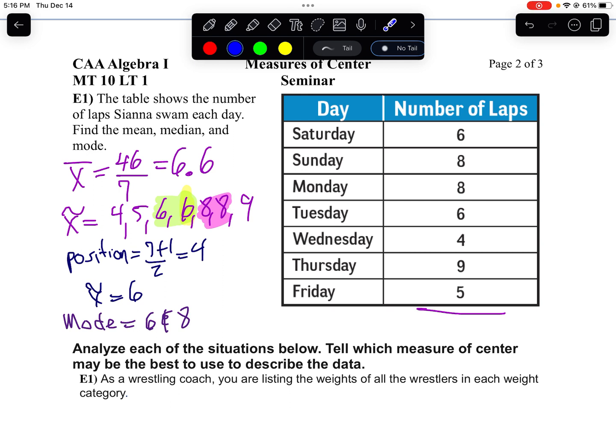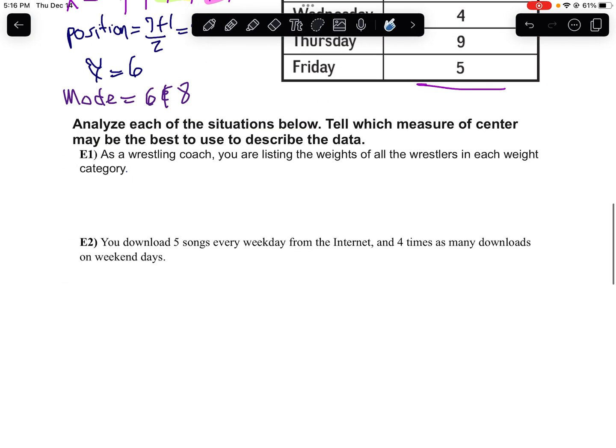Okay, so for example, let's take a look at example 1 here. Pull it up here a little bit higher. As a wrestling coach, you're listing the weights of all the wrestlers in each category. So if I wanted to describe the center of each category, what would I use?